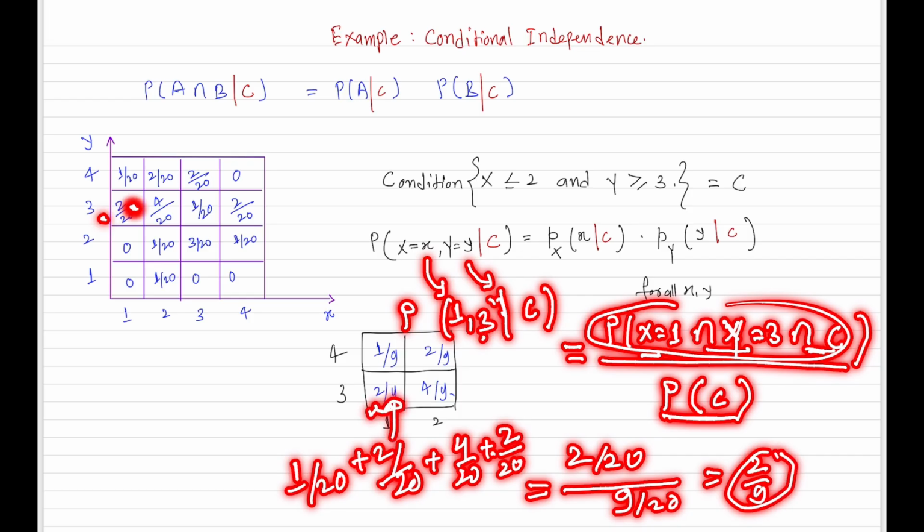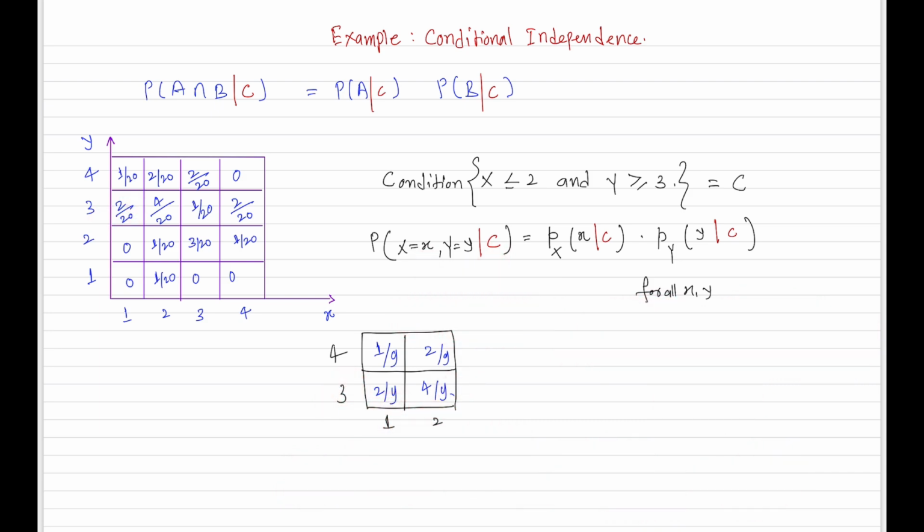Similarly, you can check for the joint probability under this condition C, where random variable X takes the value 2 and Y takes the value 3. You will find it will be 4 divided by 9. How have I written this probability directly? First of all, this conditional probability is also a legitimate probability, so their sum has to be 1.